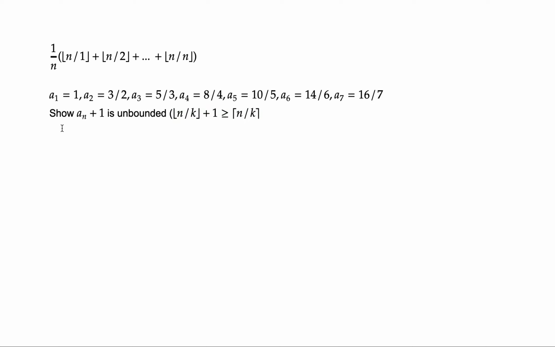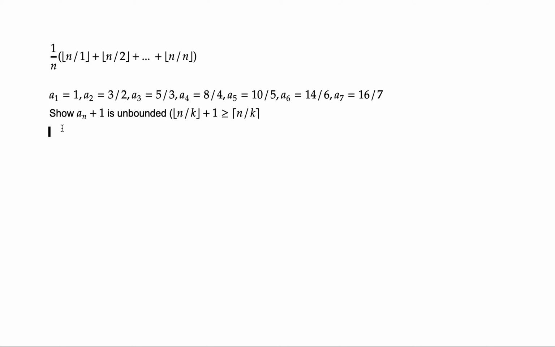ceil of n over 1 plus ceil of n over 2 plus ceil of n over n, all over n. But then that's also greater than or equal to n over 1 plus n over 2 plus n over n, since ceil of n over k is greater than or equal to n over k. And now we just cancel out the n.